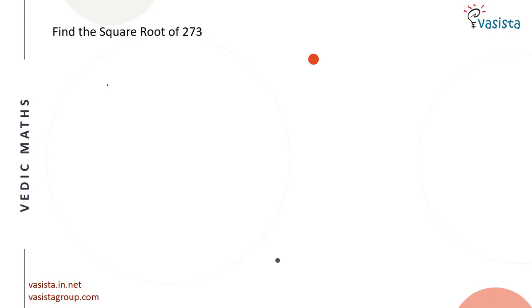Let me go with the second example here: square root of 273. The difficult thing is we need to find out the nearest perfect square. So now let us check 273, which lies between 15 square, which is 225, 16 square is 256, and 17 square is 289.